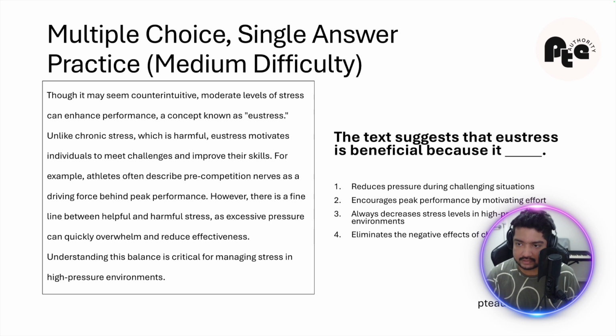No, that is not correct. Eustress is moderate levels of stress and it doesn't decrease stress levels. Eliminate option 3. Option 4, eliminates the negative effects of chronic stress. That is also incorrect because eustress does not eliminate the negative effects of chronic stress. Eustress is moderate stress. So I think the option here is option 2. Option 2 is the right answer.